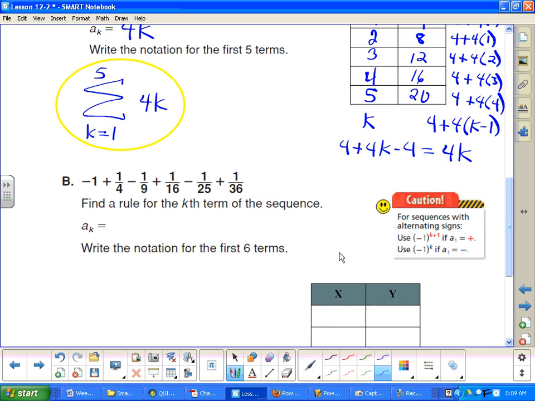In this situation, we have alternating signs: -1 plus 1/4, minus 1/9, plus 1/16, minus 1/25, and plus 1/36. So it says for sequences with alternating signs, we're going to end up using -1 raised to the k plus 1 power if the first term is positive, and -1 to the power of k if the first term is negative. And we'll talk about that a little bit more as we do this.